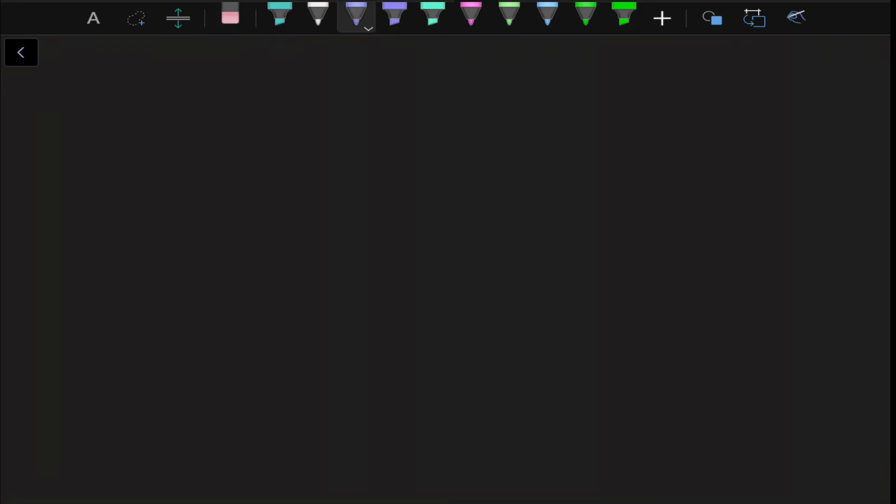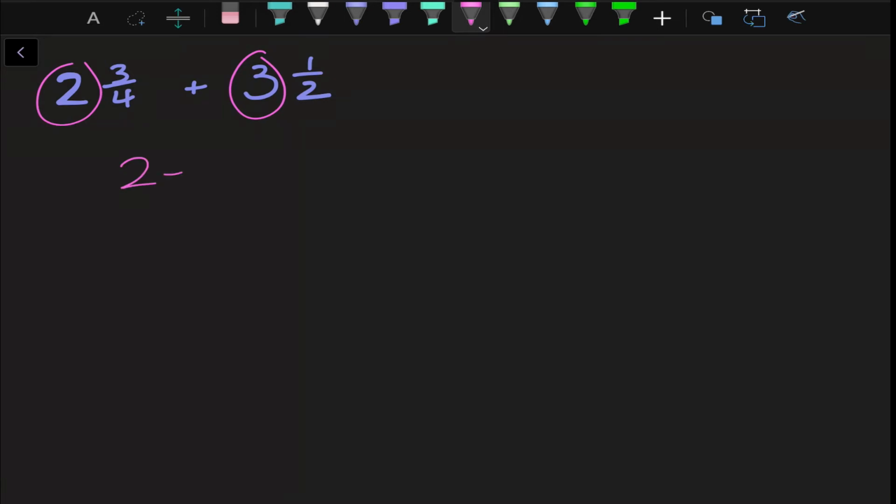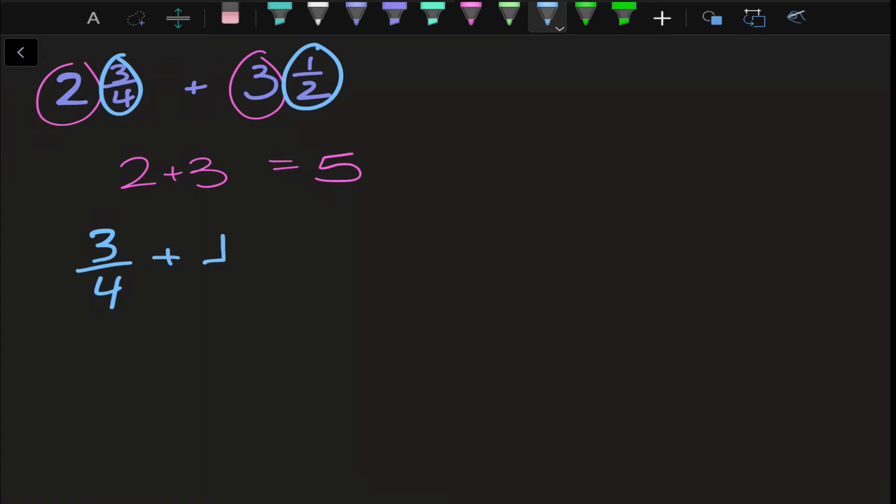So we're going to take 2 3/4 and we're going to add 3 1/2. So our first step was add the whole numbers. Here are my whole numbers. 2 plus 3 is 5. And we're going to kind of just save that for later. The second step was adding my fractions. So I have 3/4 plus 1/2.